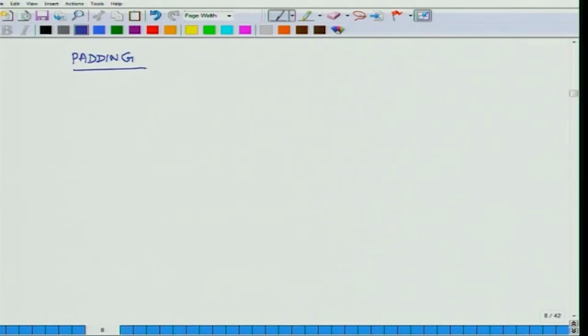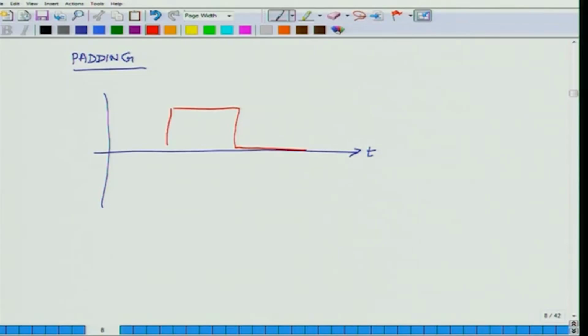Padding. So, suppose you have a signal in time and this is not a repeating signal, because we can use Fourier transforms for non-repeating signals. Now I can discretize it here, here, here, here. Let us say these are all equal intervals.